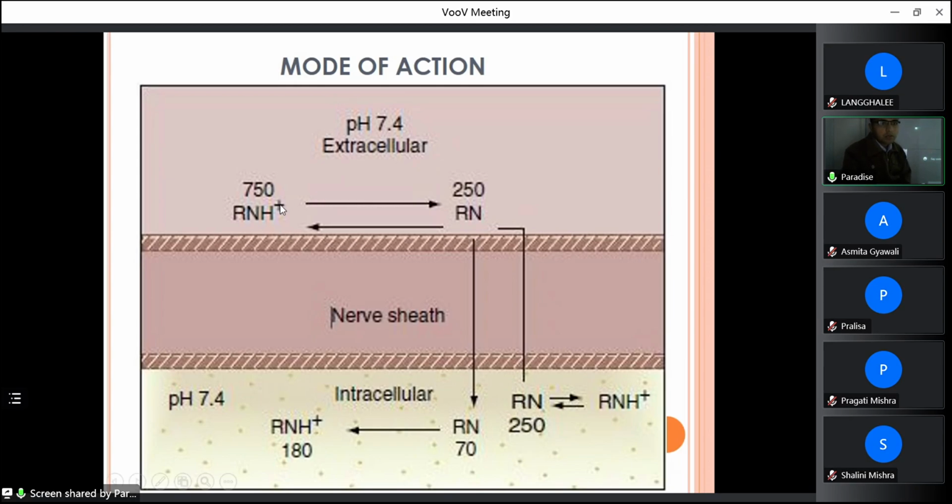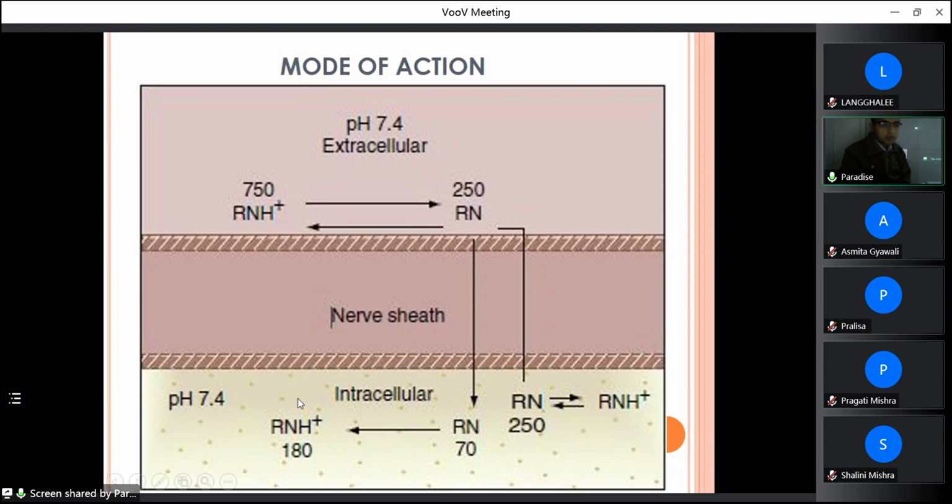Out of 1000 molecules, 750 molecules are in the form of RNH+ ion, and 250 molecules are in the form of RN. This unionized 250 will enter inside the cell. It will be in equilibrium, react with H+ ion, and form the equilibrium with RNH+ ion. Among 250 molecules, 180 will form RNH+, and only 70 molecules are in the form of RN.